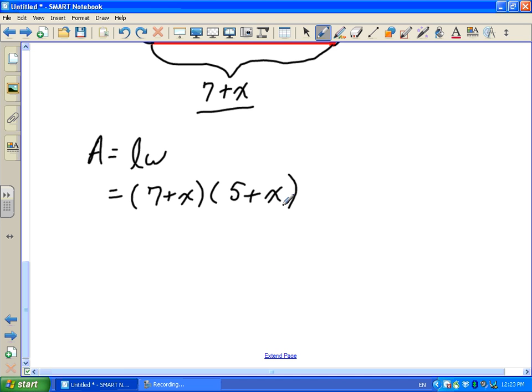Okay? So let's take a look at that. That's very nice. They've given me that. Now, I need to solve. So let's FOIL it. It's going to give us our quadratic expression, a quadratic equation. So when I FOIL this, I'm going to get x squared plus 12x plus 35. I'll do it on the outside if you guys want to see.